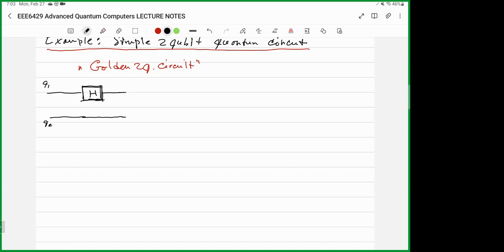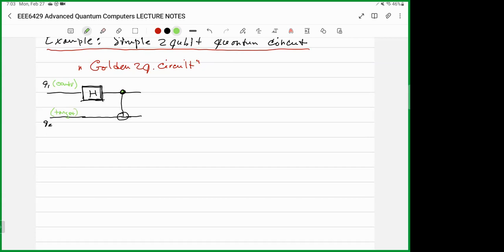And then after the Hadamard gate, I apply this CNOT gate here. The solid dot is connected to the upper qubit, so this is the control qubit, and this one is the target qubit.